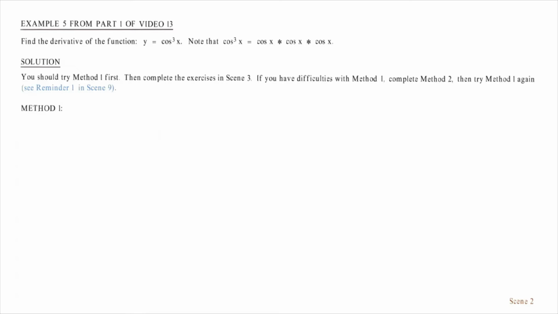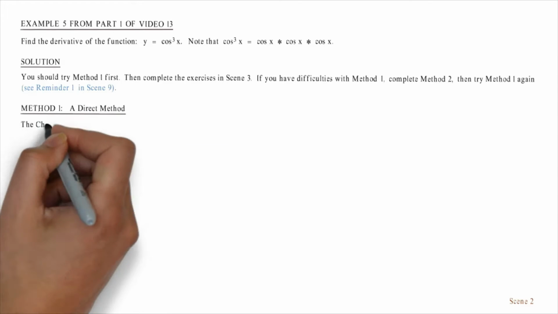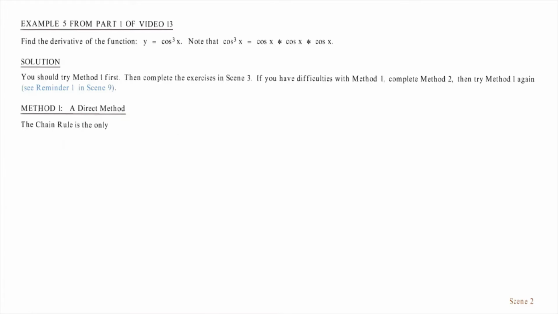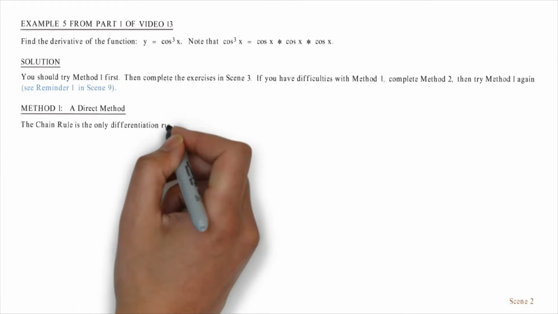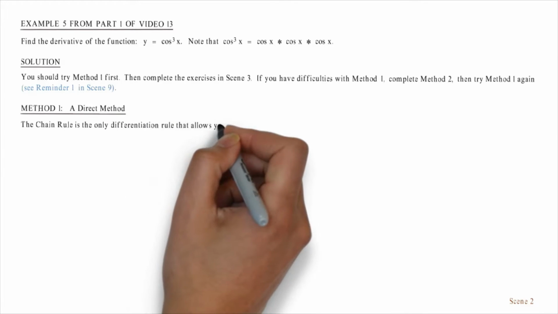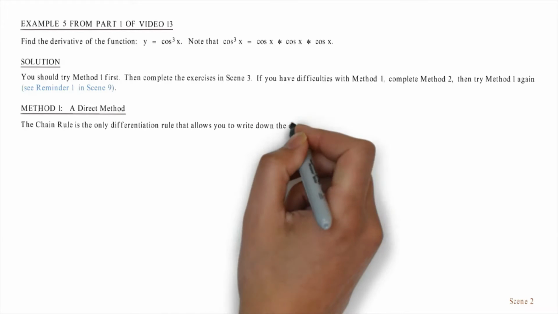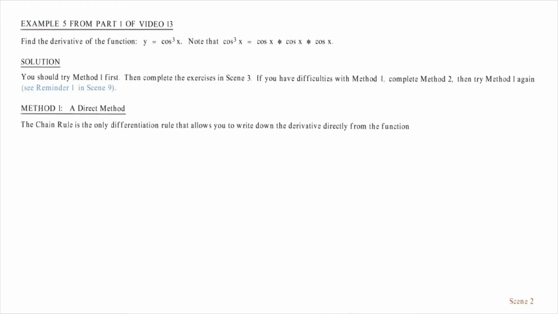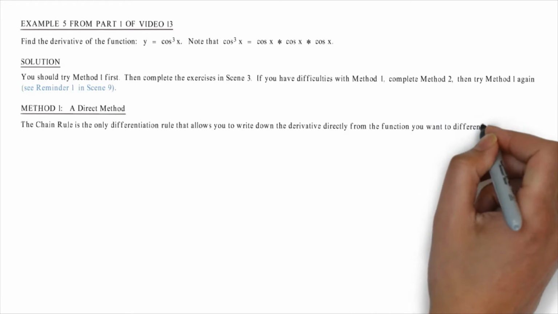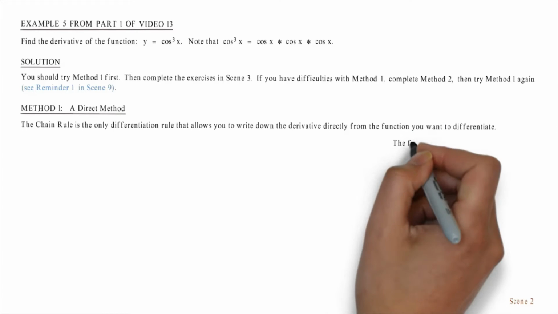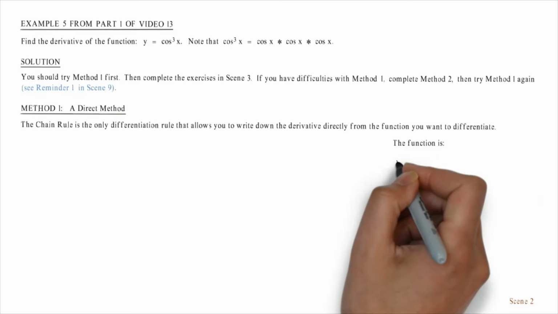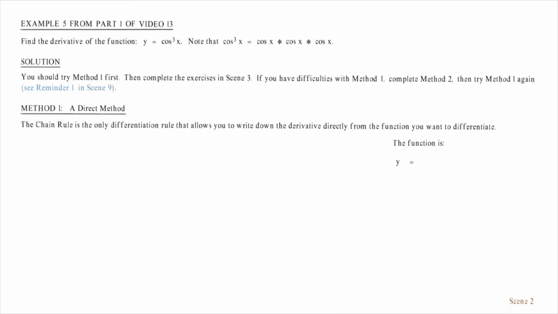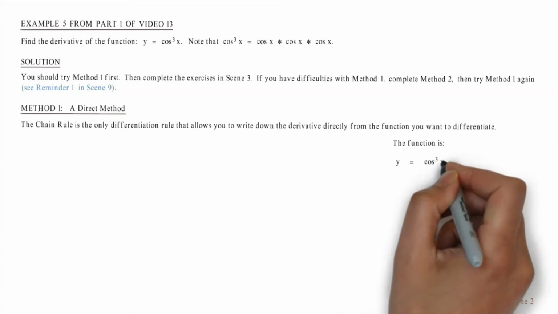Method 1. A direct method. The chain rule is the only differentiation rule that allows you to write down the derivative directly from the function you want to differentiate. The function is y equals cos cubed x.